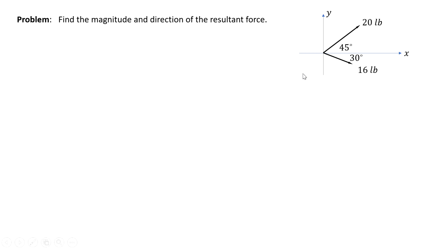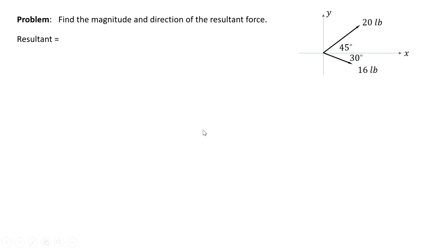Well, the way you can find that is using vectors. You add these two vectors and you get the resultant. What I mean by resultant, I'll explain in just a second. Let's go ahead and work the problem out.